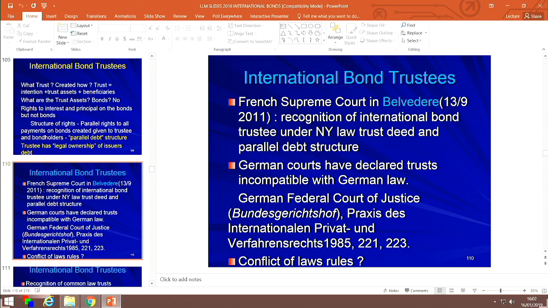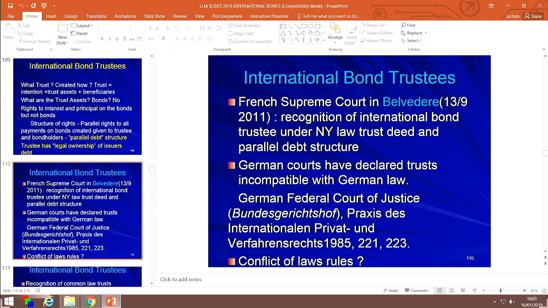And the French court said, yes, this entity may act in relation to this entity called Belvedere in 2011, even though French law did not have trusts incorporated. This was a recognition decision, i.e., the French Supreme Court said French law would recognize the nature and functions of an international bond trustee, including the parallel debt structure to be found in the New York trustee.